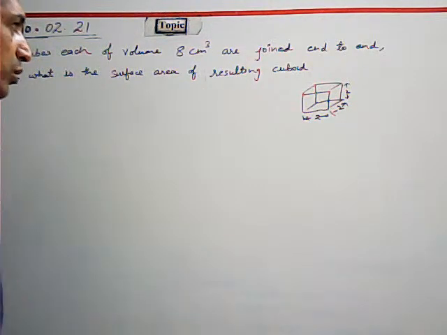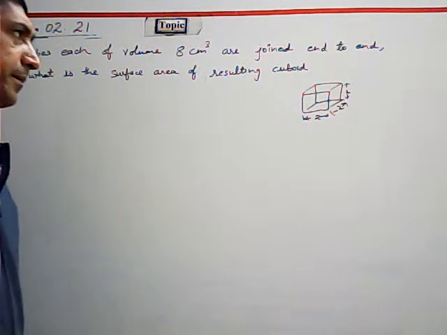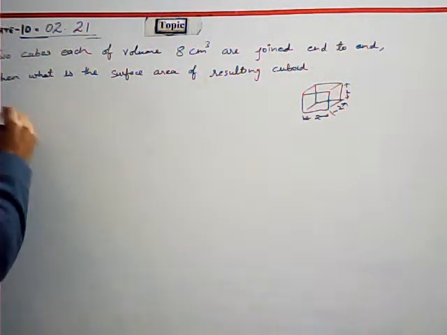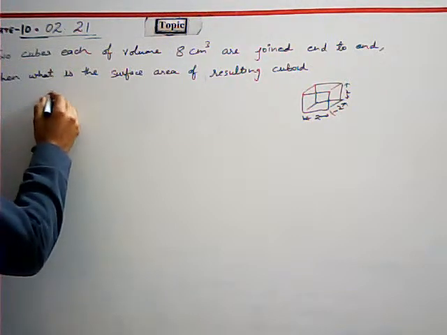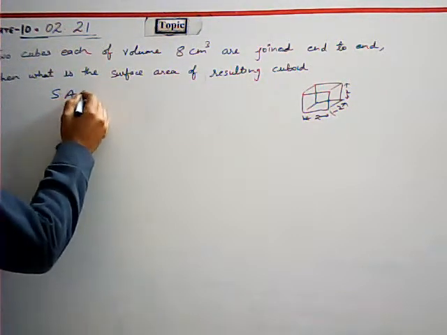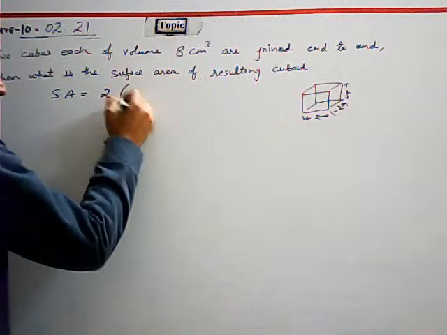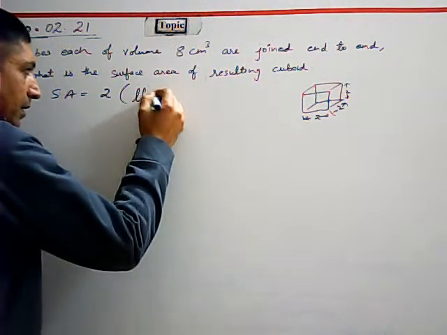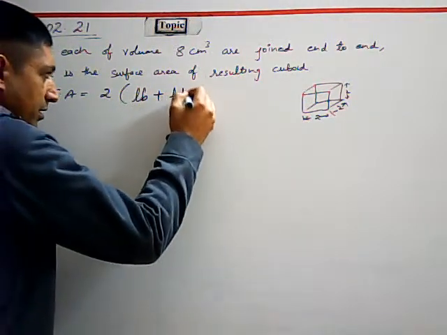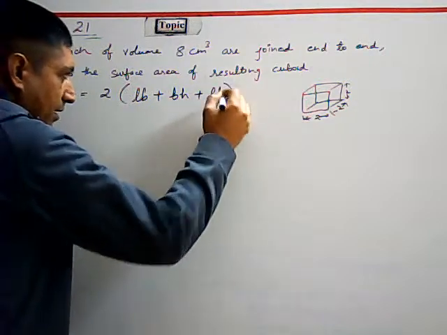Now join end to end. If they are joined end to end, what is the surface area of the resulting cuboid? So resulting cuboid, the surface area we know is 2 into LB plus BH plus LH, right?